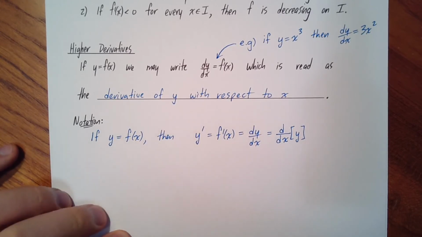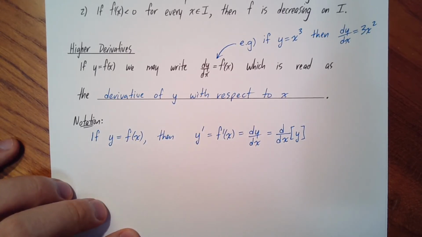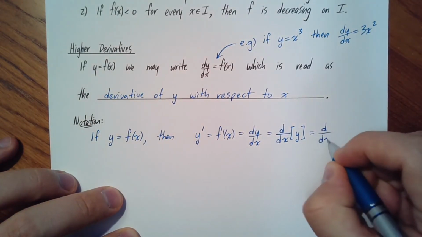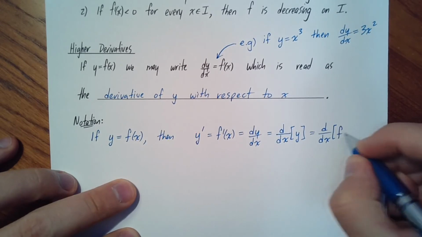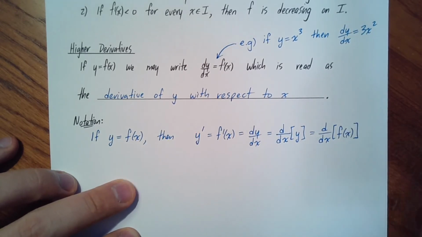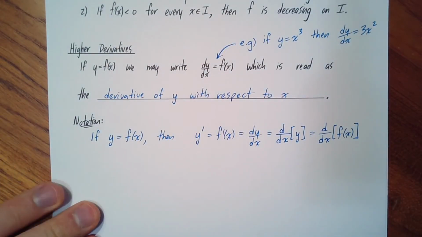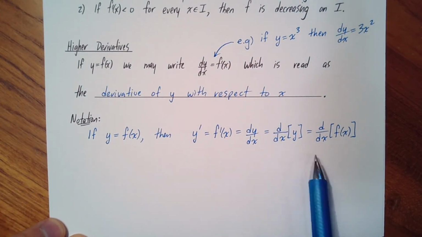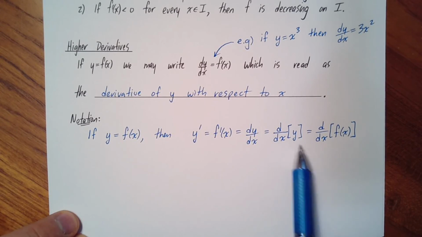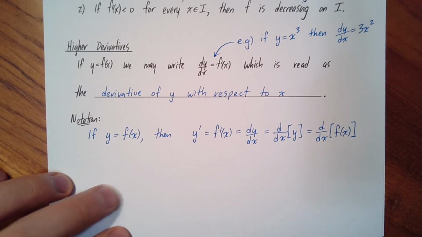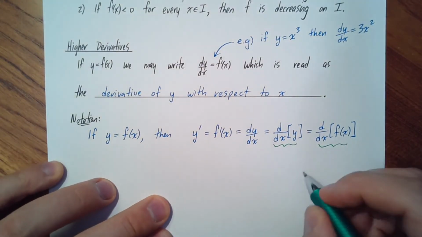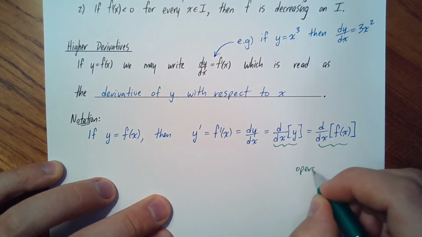And then you can also write d dx and then write the f of x in the square brackets. It's just another way to write the same thing. If y is equal to f of x, then certainly these two notations ought to mean the same thing. So that's just a bunch of different ways you can write the same thing. These are called operator notation.